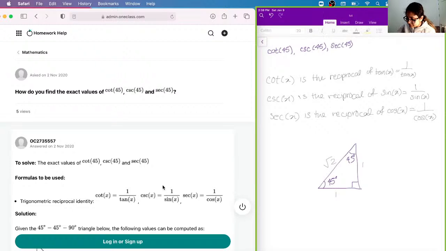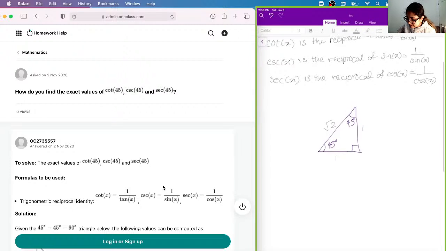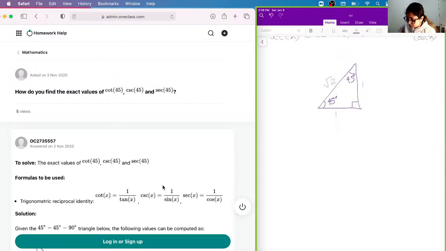Let's now evaluate the sine, cos, and tan ratios. Let's say cos of 45. You guys recall the ratio is adjacent over hypotenuse, and we're looking at this angle right here.